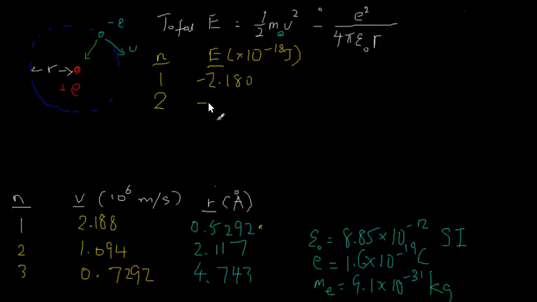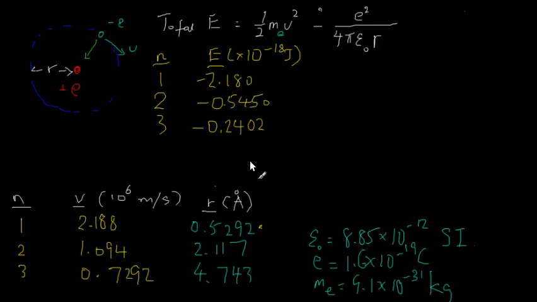And the answer is minus 0.5450. So just repeat that for n equals 3. Okay, right, that gives minus 0.2402.